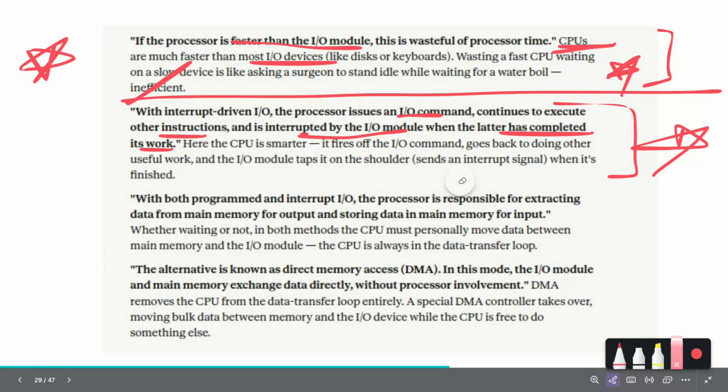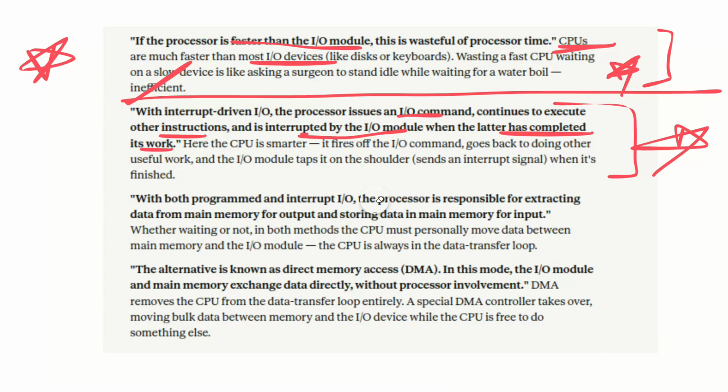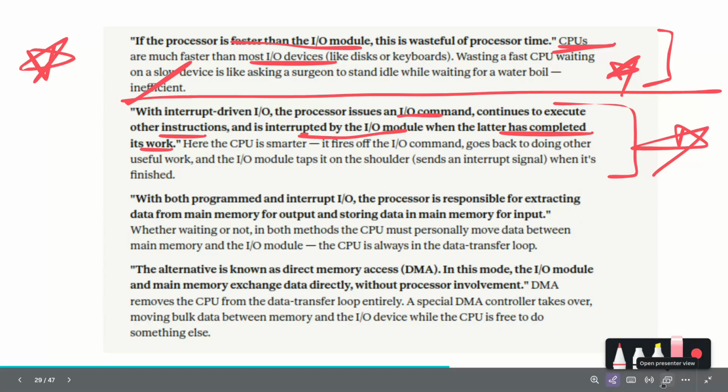Here the thing you have to understand is that with programmed and interrupt-driven IO, the processor is responsible for extracting the data from main memory for output and storing the data in main memory for input.